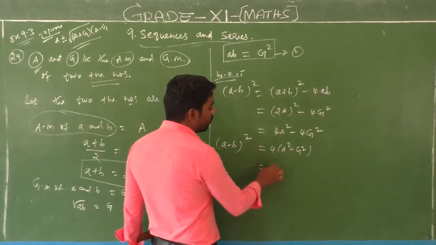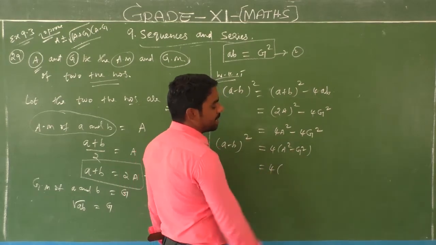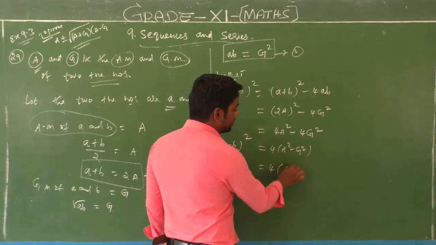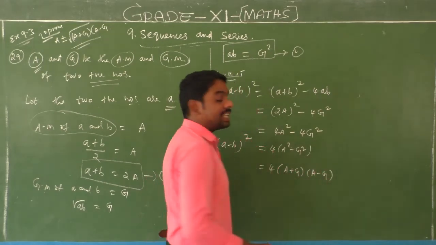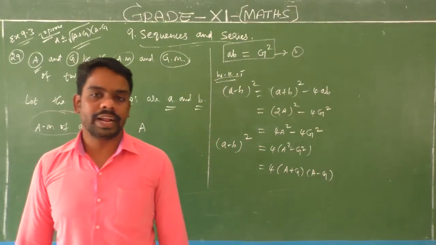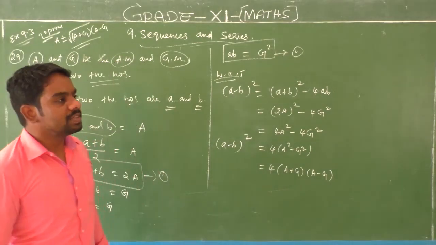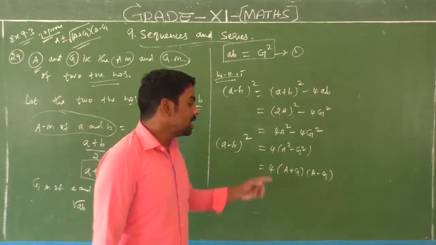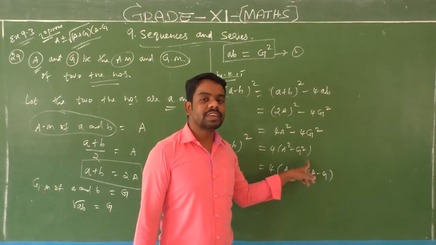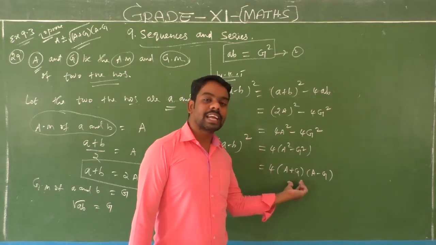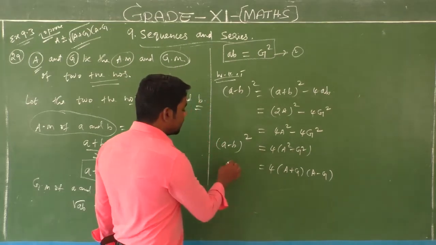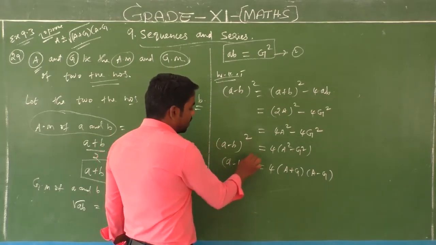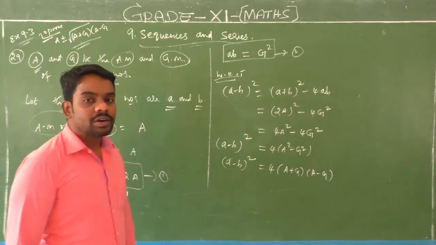Using the formula x square minus y square is (x plus y) into (x minus y), capital A square minus G square is written as (A plus G) into (A minus G). This is (a minus b) whole square.